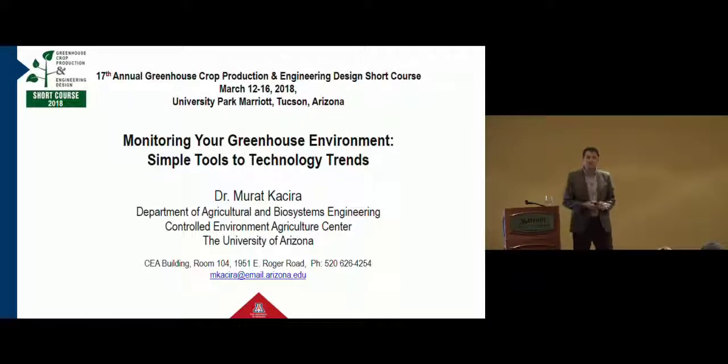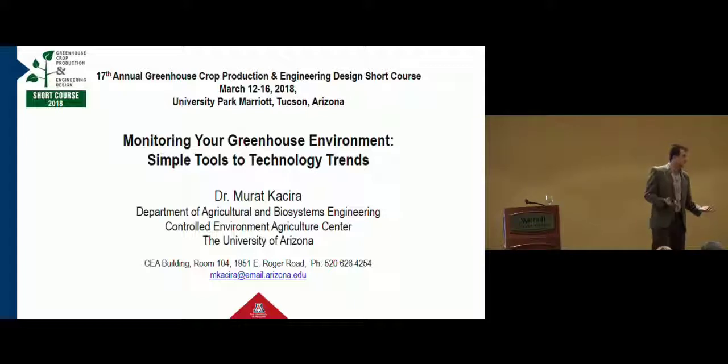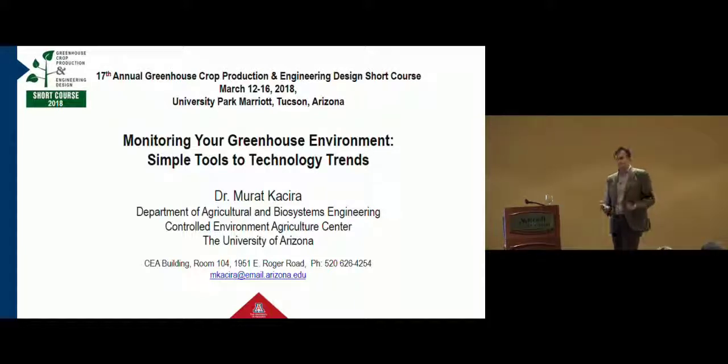And these tools could be as simple as a thermometer, or it could be a simple sensor, it could be a sophisticated sensor, communicating with devices, instrumentation to help the grower to improve the management and other practices in food production in controlled environments.